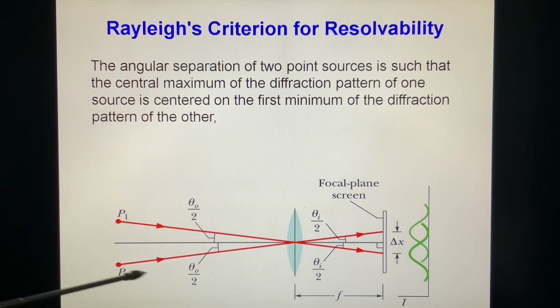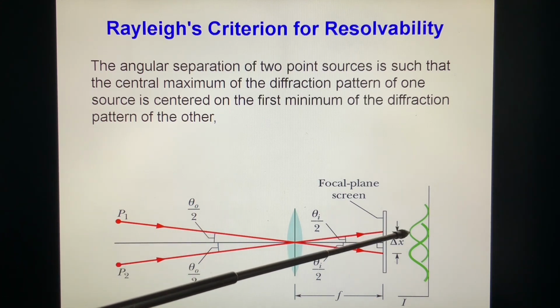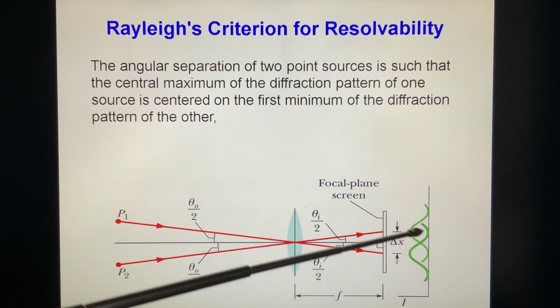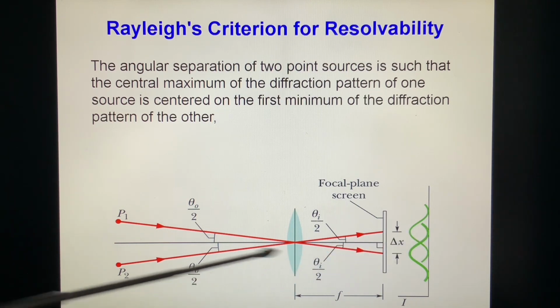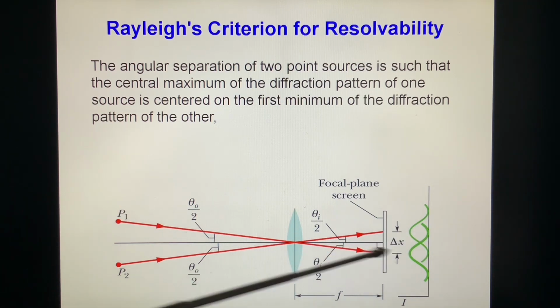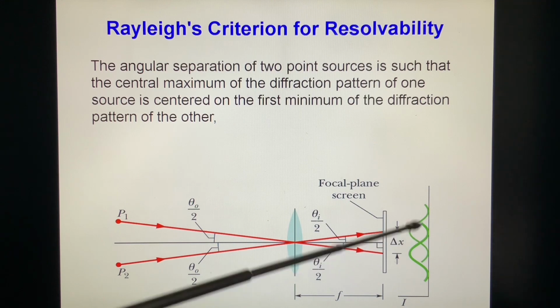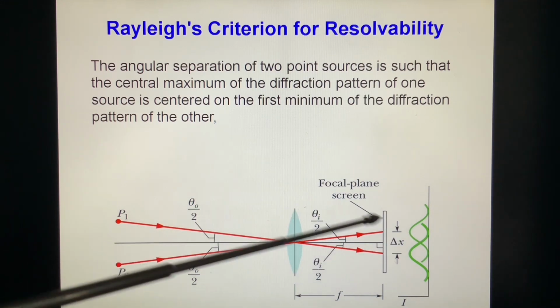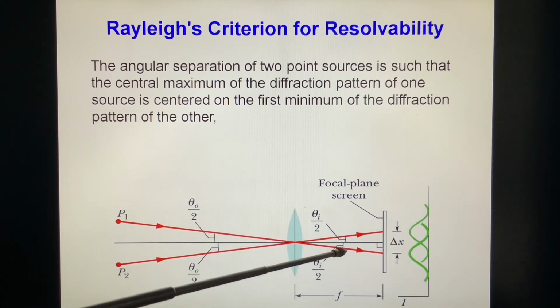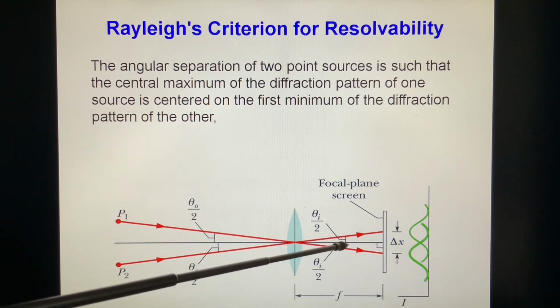So the maximum of this one is at the first minimum of the second one. Actually, this angle is the first minimum position.